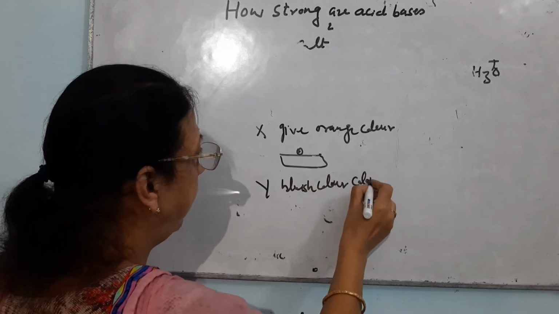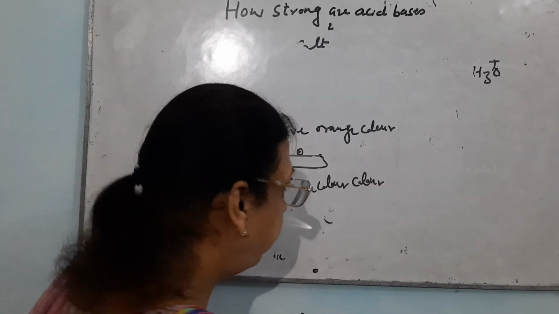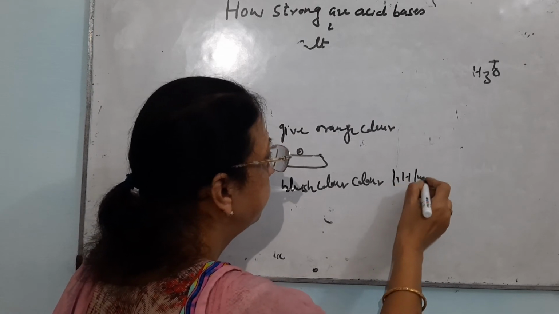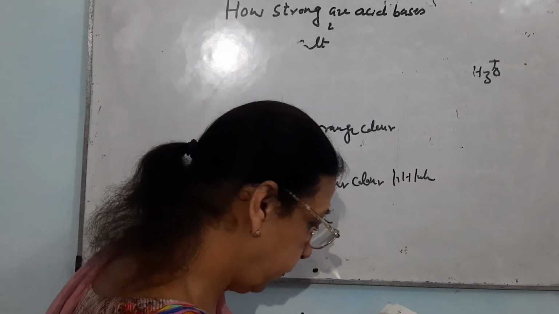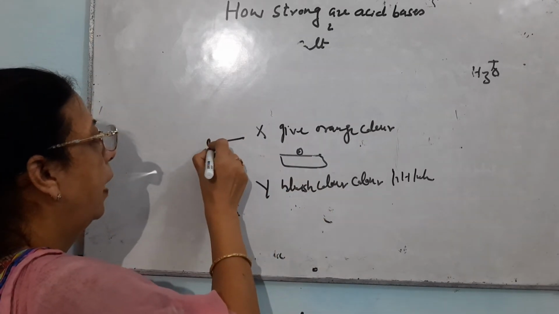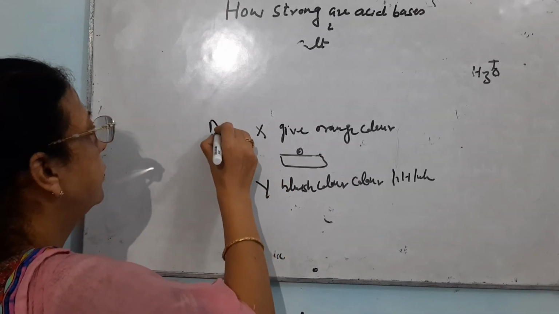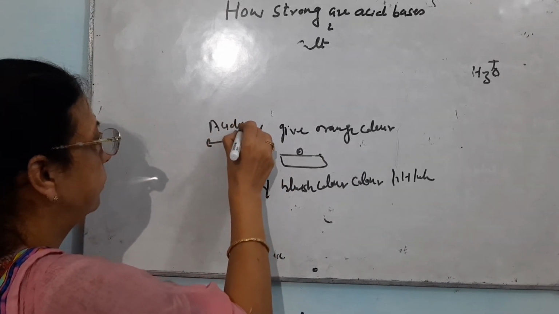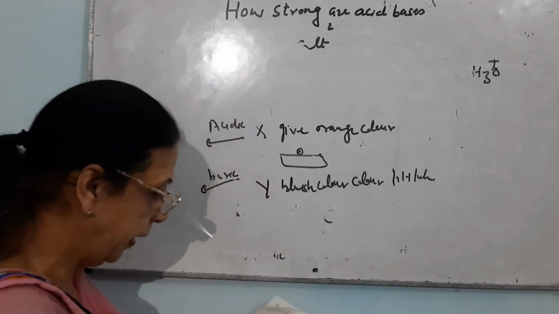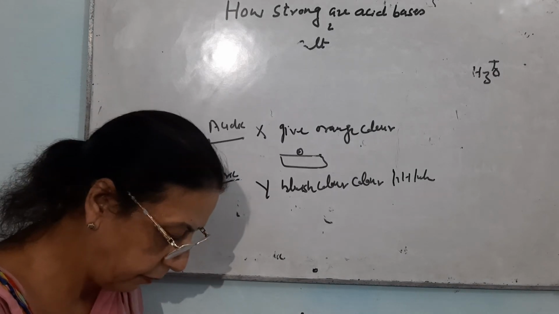Another solution Y gives bluish color when a drop falls on pH paper. Now, what is the nature of both the solutions? Acidic solution always gives orange color. So this solution is acidic and this solution is basic.